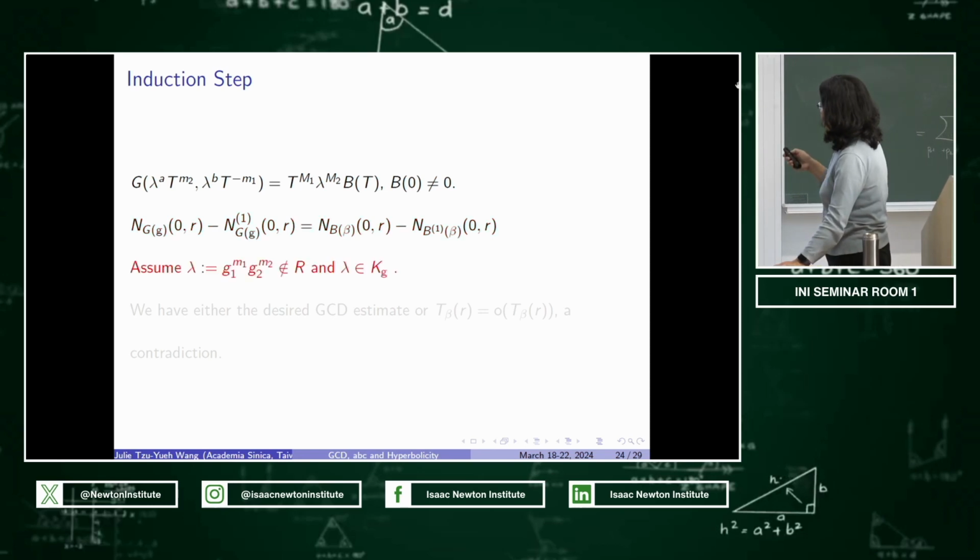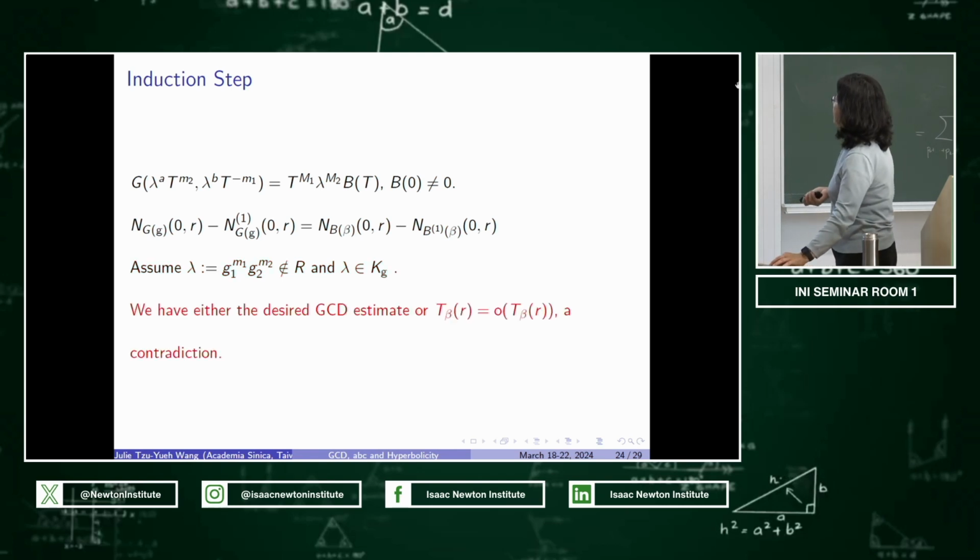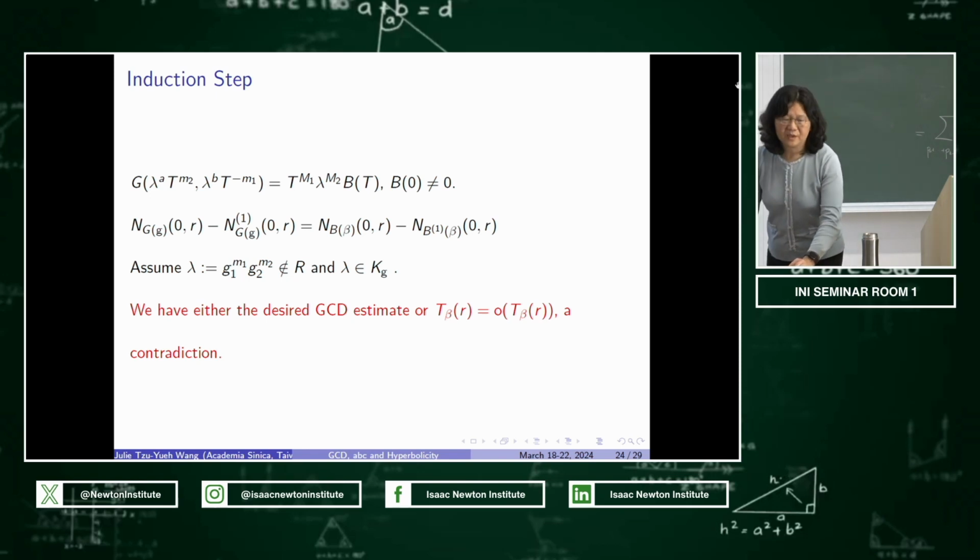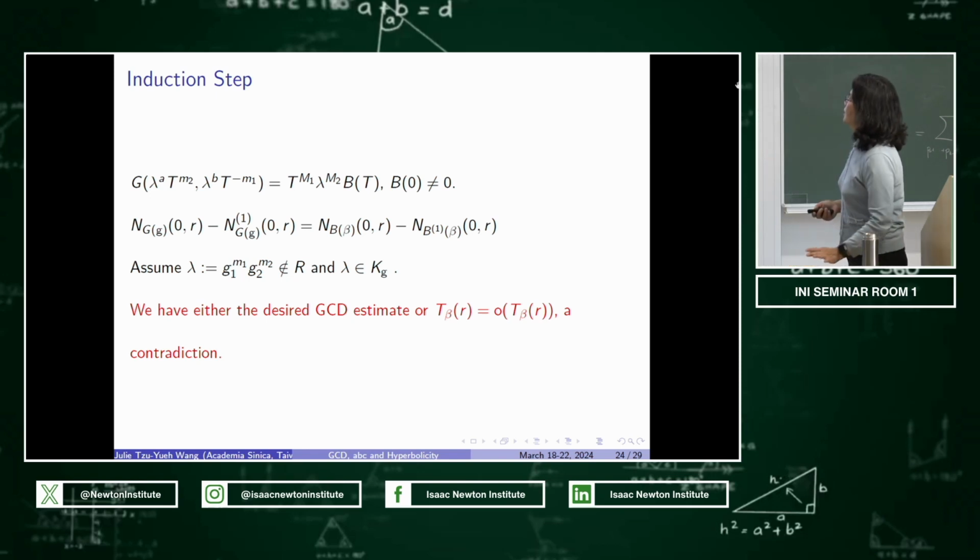Suppose you are not in the exceptional set, then this is really a polynomial with no double zero, and then we know how to do the one variable case. So you can show this is small, and then you get the contradiction. So this is how things are done for n equal to 2.